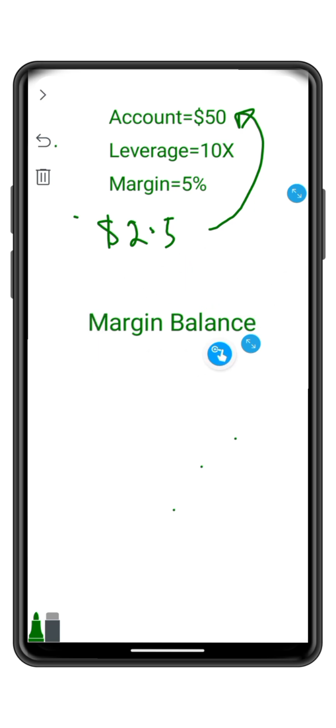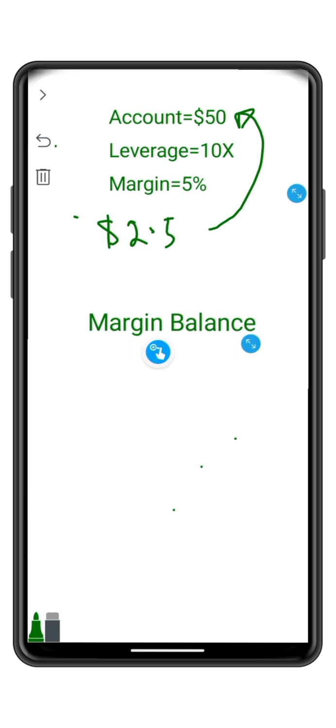So margin balance is your initial margin, the margin you put into this trade. 50 US dollars account balance, you're using 5% of it, that's $2.5. This is your initial margin. So the margin you put into the trade plus the profits you're making, or minus the losses you're making, that's what we call margin balance.